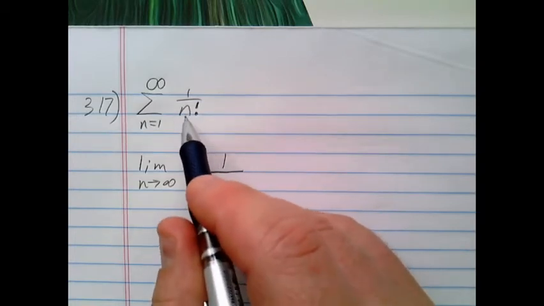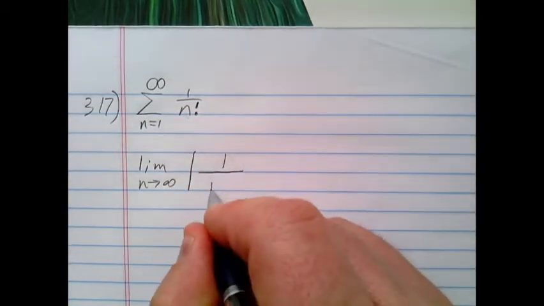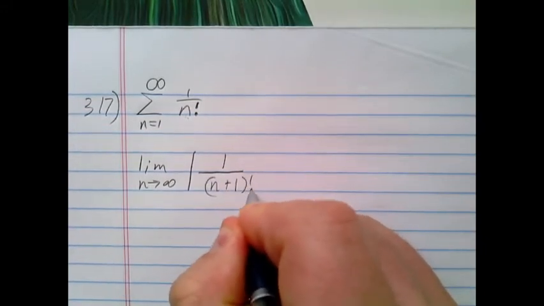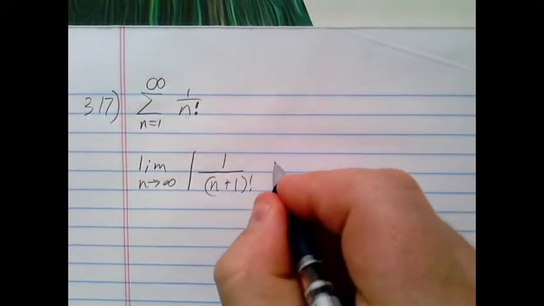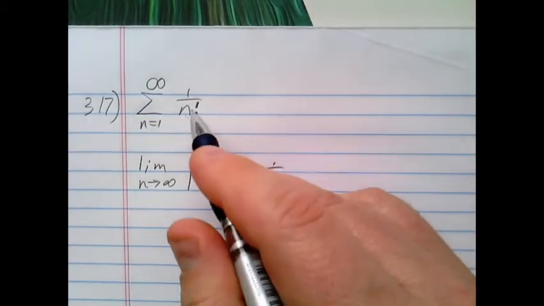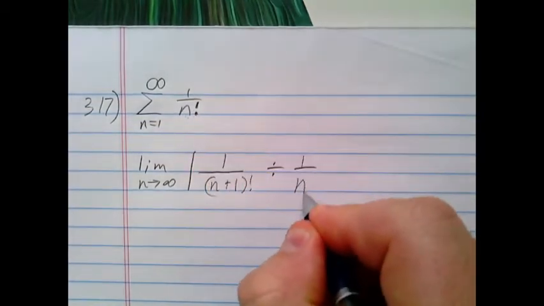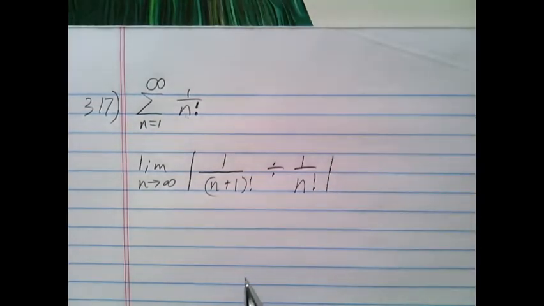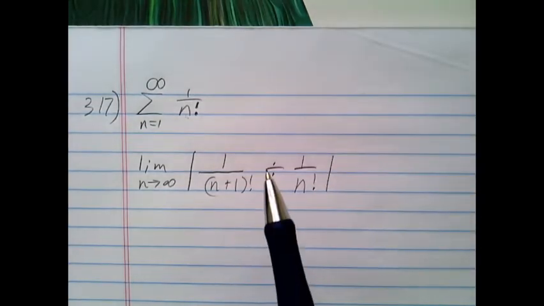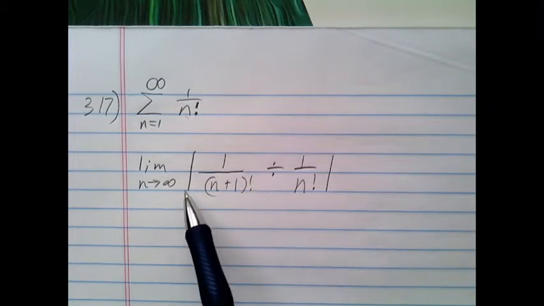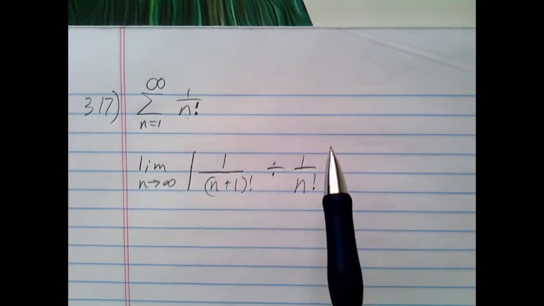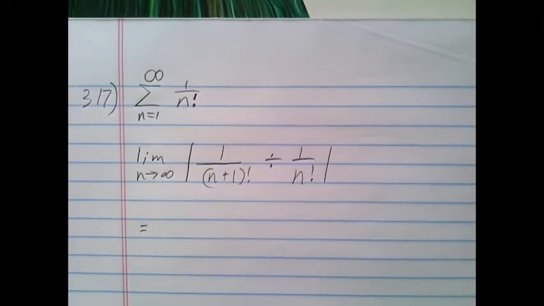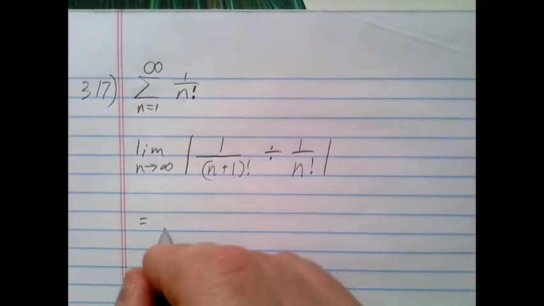So if this is the n term up here, the n plus 1 term would be 1 over n plus 1 factorial, and then we divide by the n term, so 1 over n factorial. Now for this particular series, everything is positive, so I'm going to drop off these absolute values. They're not really changing anything, but I wrote them there just as a reminder. Sometimes we do need them.